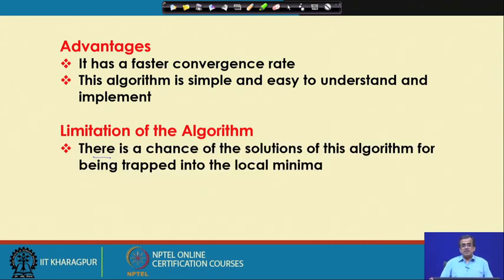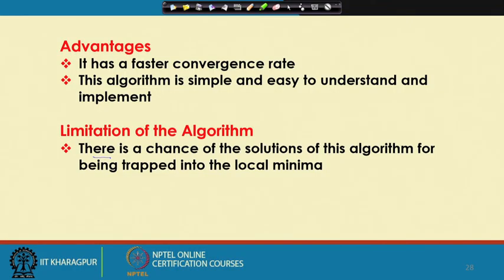In this particular algorithm, there is a chance of the solution getting trapped in the local minima. The reason is the gradient is a local property. So, there is every possibility that the solution is going to get stuck at a local minimum. The concept of local minima, let me explain.